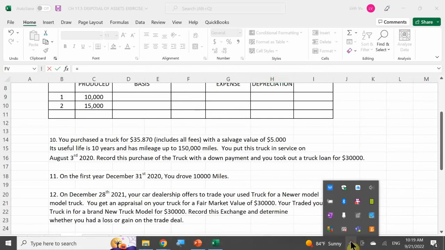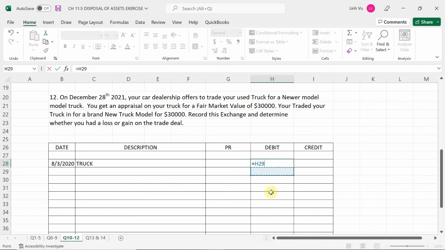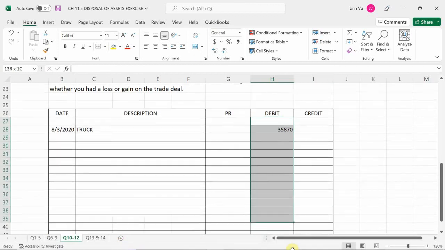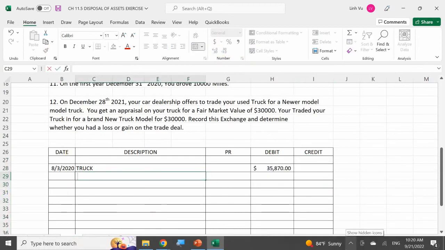35,870. Okay. How did I pay for this? Cash. Okay. And what else did I do? And you got a loan, right? You got a truck loan. Okay.